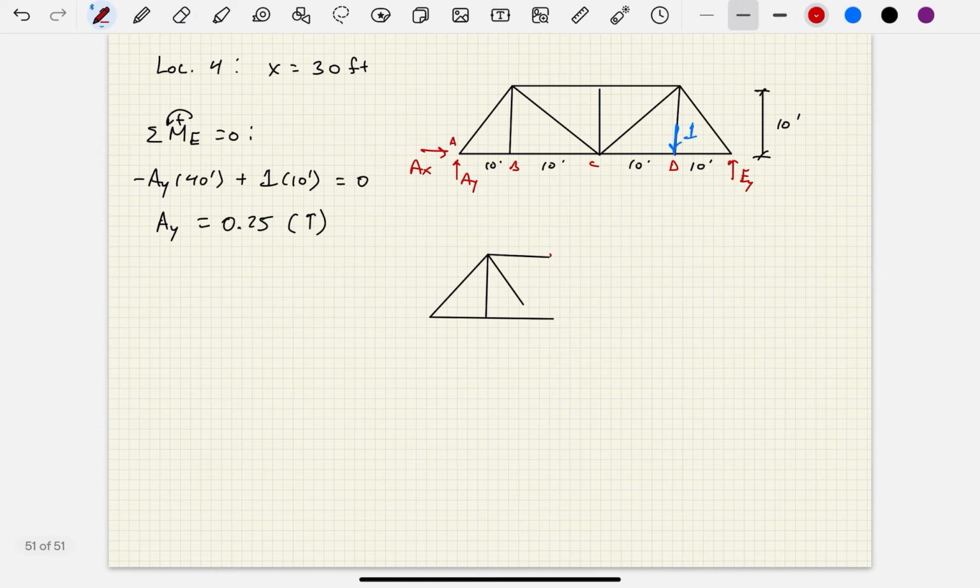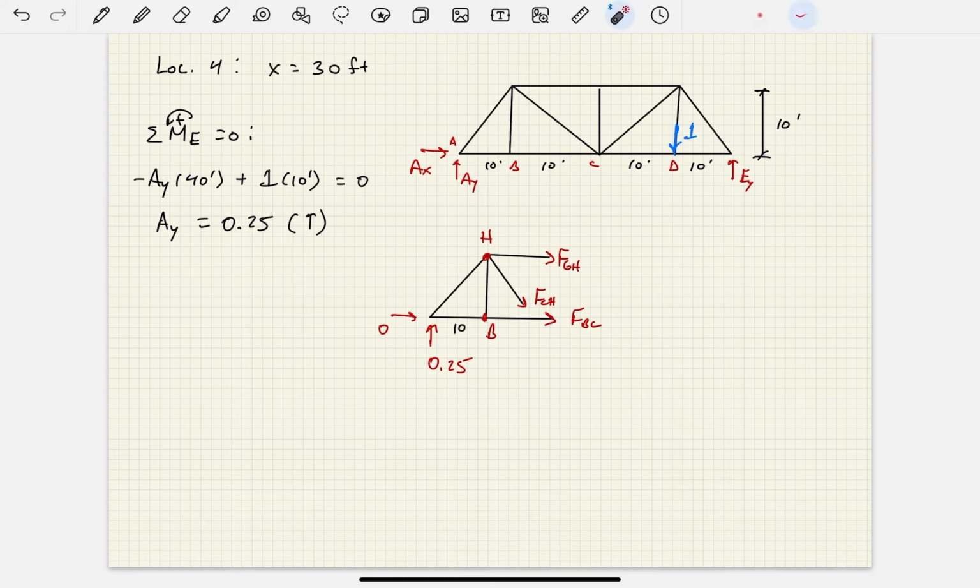All right. I've got these three forces. The one I'm really interested in is FBC. Here's that 0.25. You know, AX is 0, 10 feet. This is joint B, of course. This is joint H. I think this was FCH and FGH here.